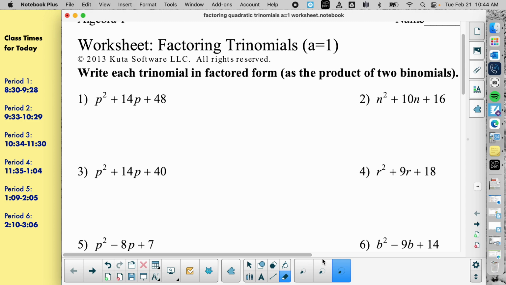Quicker method? Okay, so quicker method, we need to figure out the factors of 48 that can add up to 14. So you're probably going to want to write down the factors of 48 unless you know them in your head. Okay, so 48. Now, while you're writing, during the test, I will have the factor calculator open.